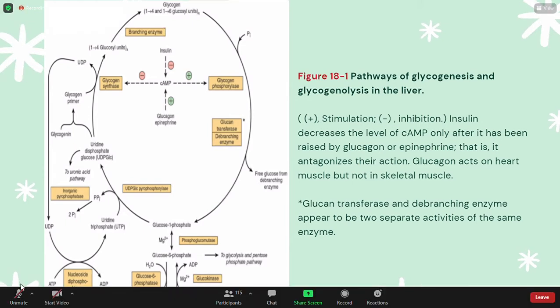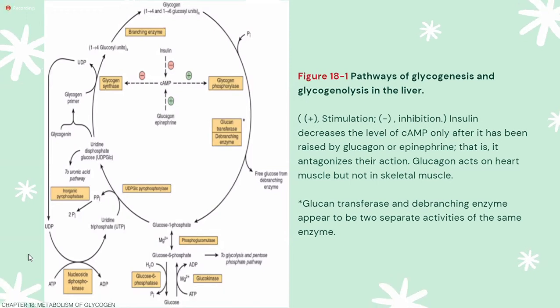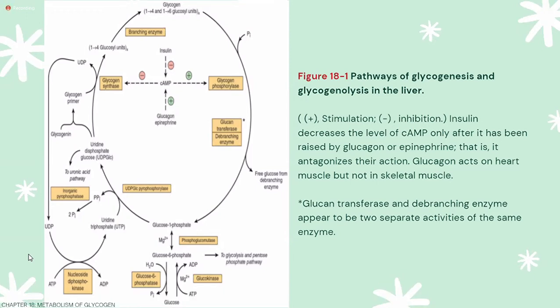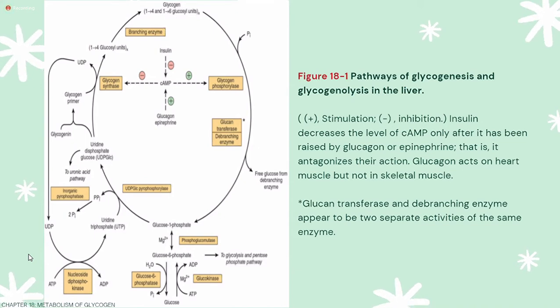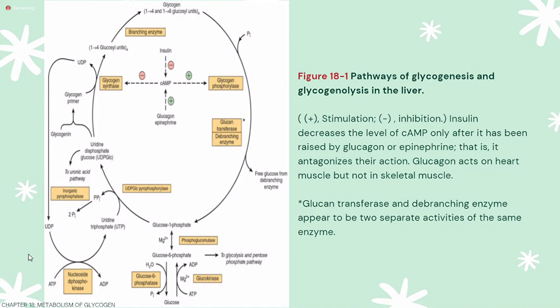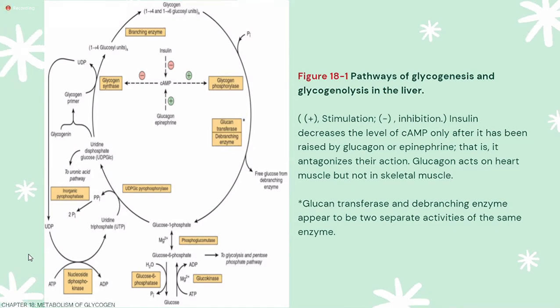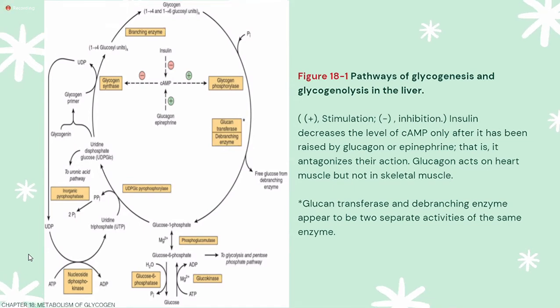The cyclic AMP in turn activates another enzyme, protein kinase. This protein kinase has two targets, glycogen synthase and glycogen phosphorylase. And what did we say about kinase?